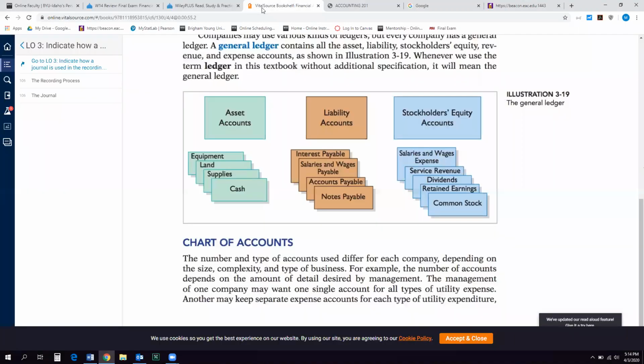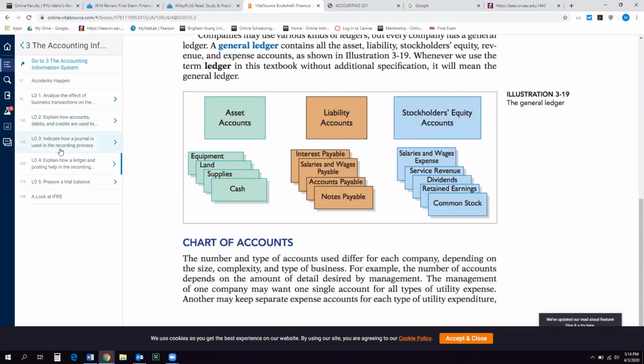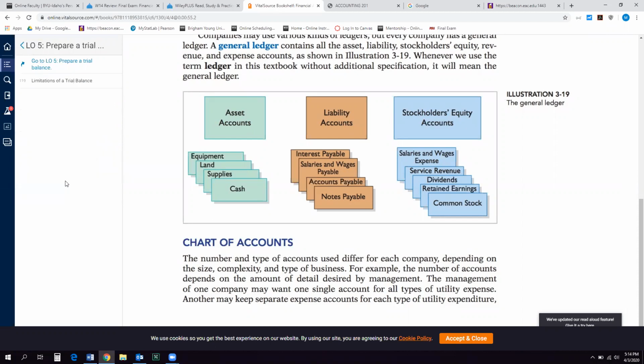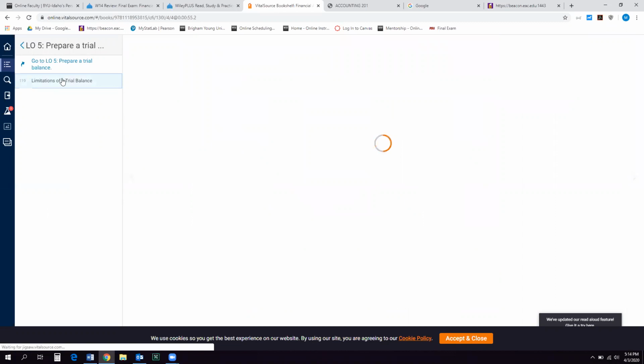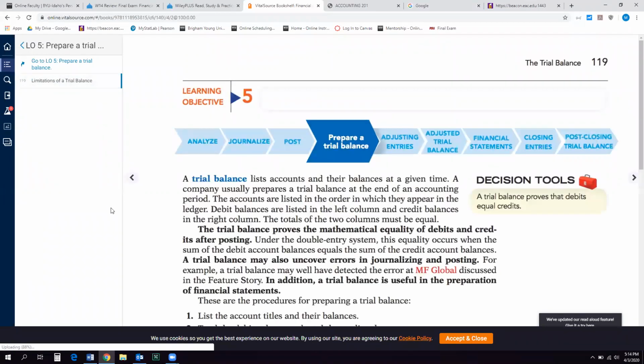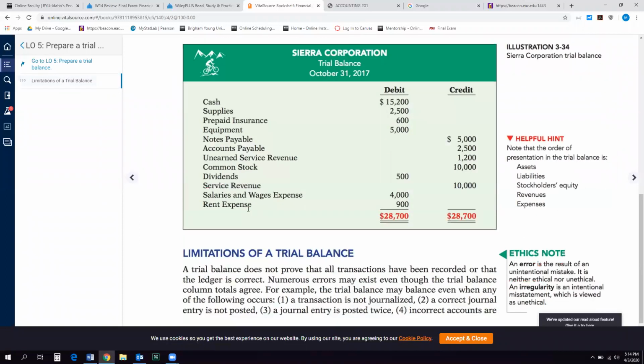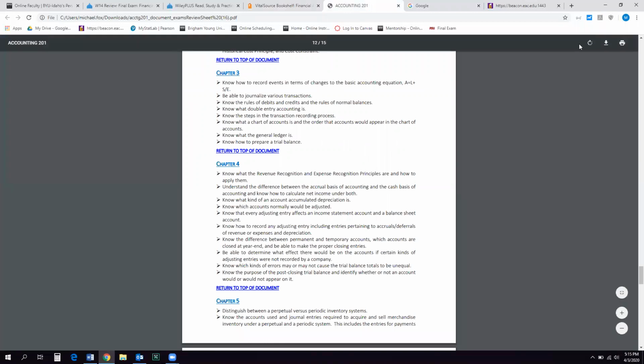So the trial balance is just a listing of all of the accounts that have a balance so that we can see that all together. And it always has them listed as either debits or credits, whatever their balance is. And then we know they have to balance at the end. So that's a trial balance. Make sure you know how to make one. And that is it for chapter 3.